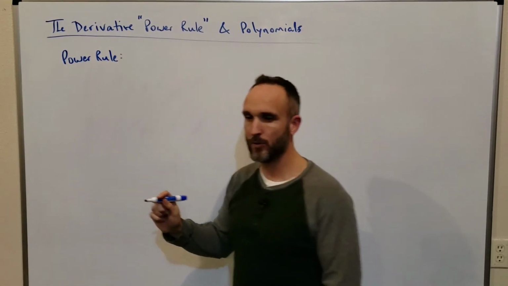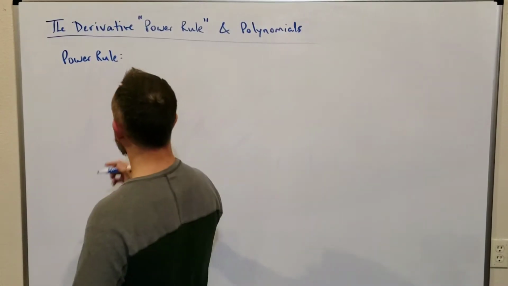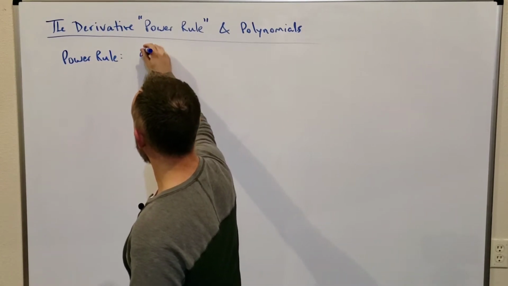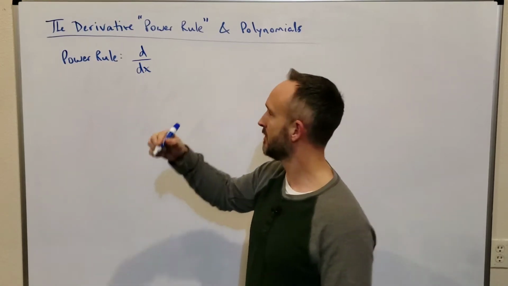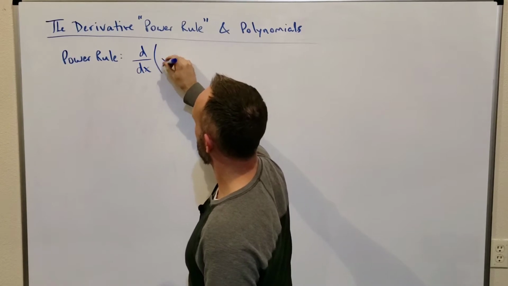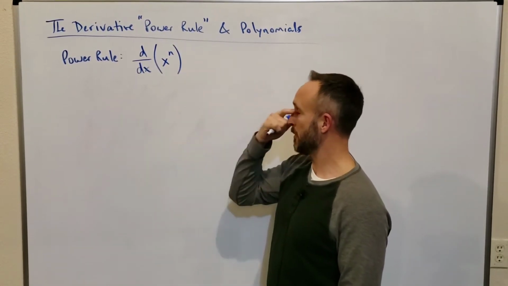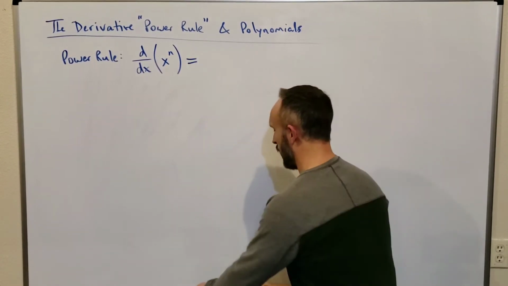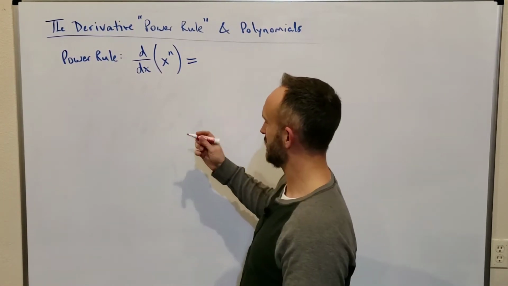is probably one of the ones you're going to get the most comfortable with, one of the most basic derivative rules there is. The power rule says if you have the derivative with respect to x of x to some power n, then the way to take that derivative is to, and I'll walk you through how to visualize this rule.